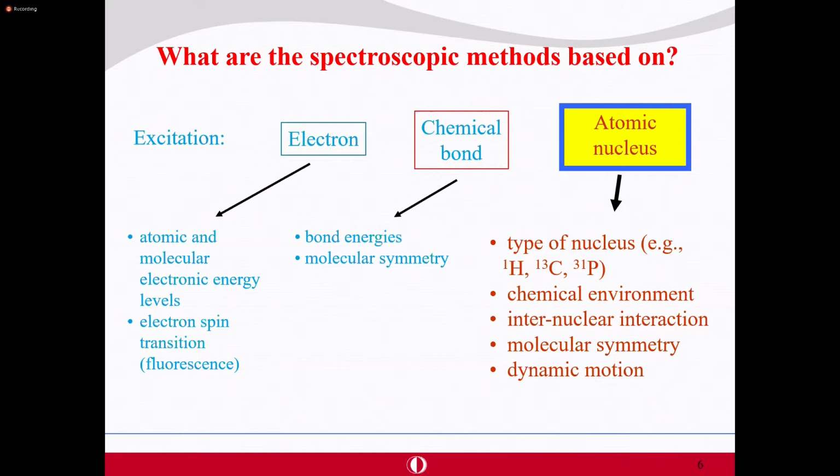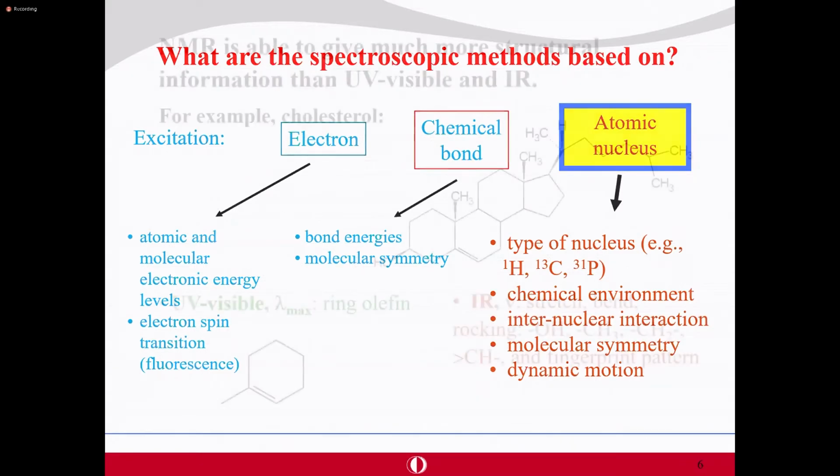Whenever excitation takes place on the electrons, for instance the electron spin transition or the atomic and molecular electronic energy levels, fluorescence spectroscopy could be the way. For the atomic nucleus, usually we talk about proton, carbon, phosphorus. These are different types of nuclei that can be excited, and this type of atomic nucleus is the one that we focus on in nuclear magnetic resonance.